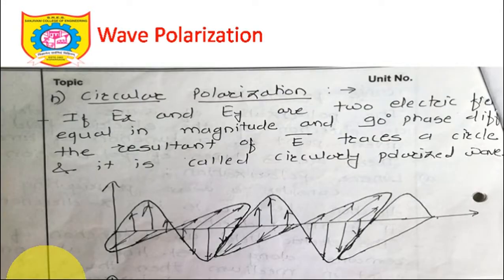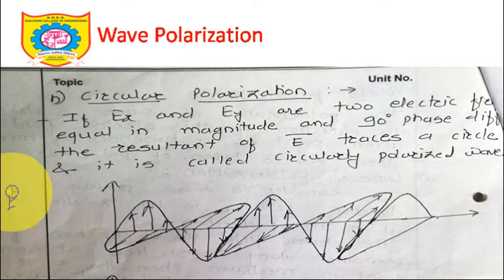Next case, let's say circular polarization. Remember this diagram: if I am drawing, let's say this is the Ex component and this is the Ey component, which are mutually perpendicular. If they are mutually perpendicular, finally we will get theta polarization. But for circular polarization to happen, remember this very clearly.